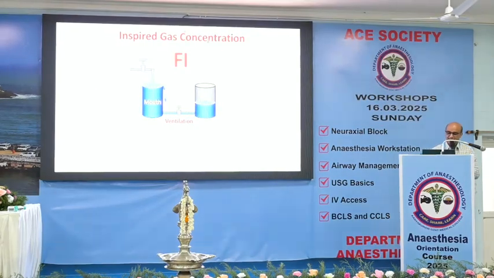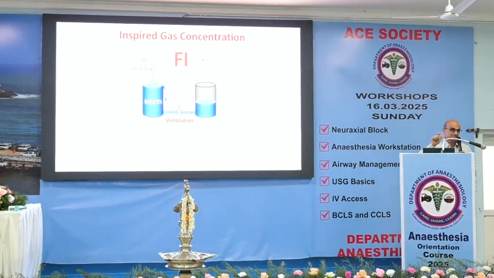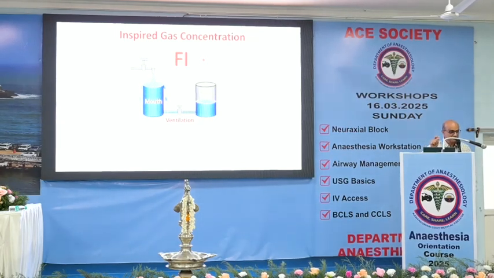So the inspired gas concentration, if you remember, is set by percentage. That is how you set the vaporizer: 1%, 2%, 3%. But the effect of the gas which is produced in the brain is by the partial pressures, not by the concentrations.